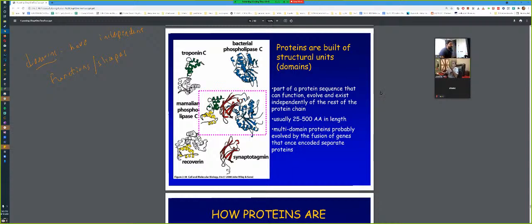So, you got that? Protein domains are independent, have independent functions and shapes, right?